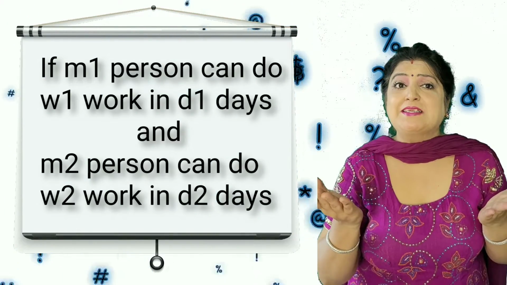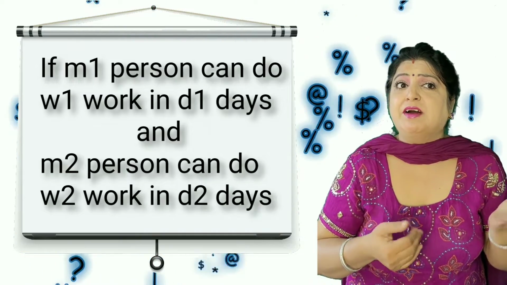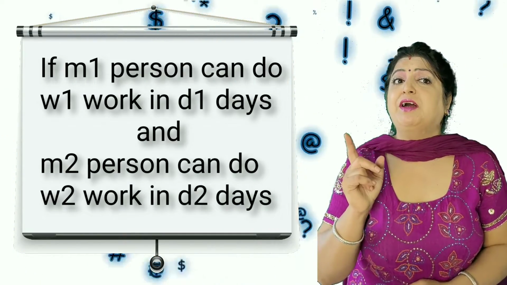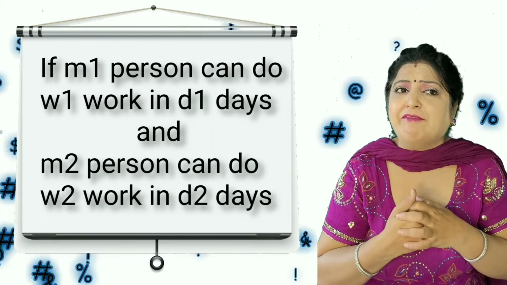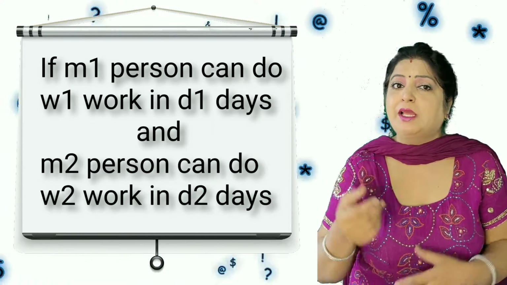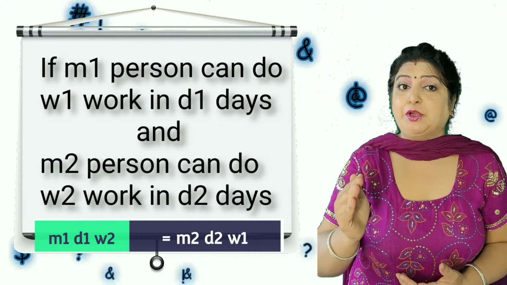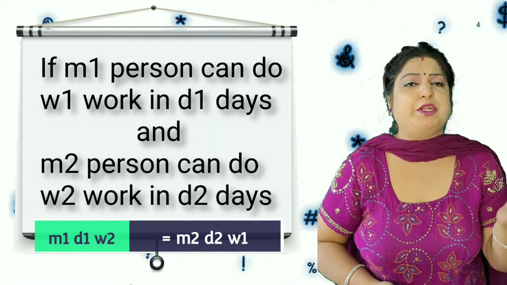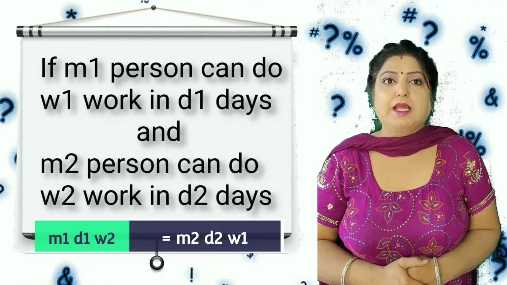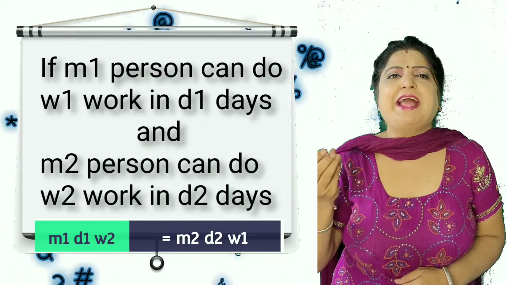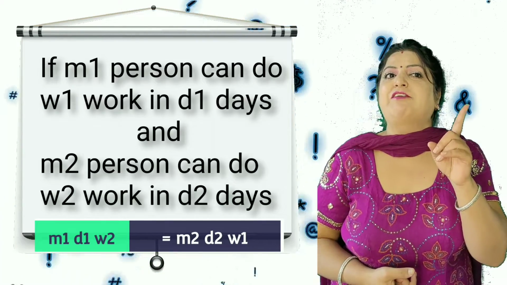If M1 person can do W1 work in D1 days and M2 person can do W2 work in D2 days, then we have a very general formula in the relationship of M1 D1 W2 equal to M2 D2 W1. The above relationship can be taken as a very basic and all-in-one formula.